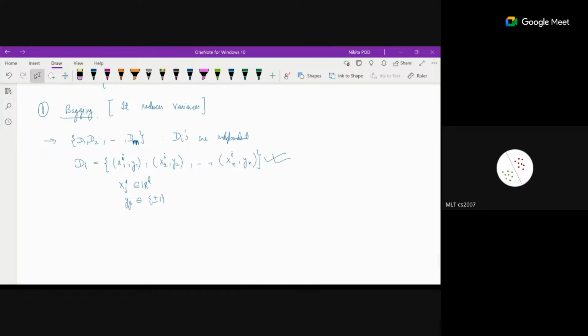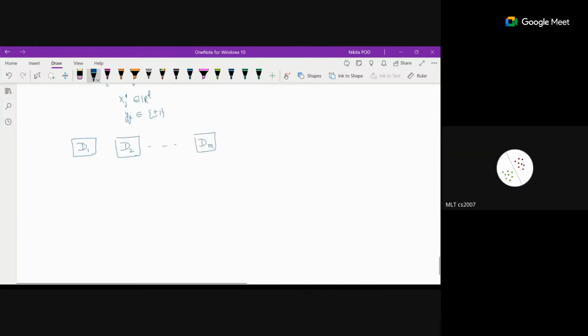Since you have m different data sets now, you have D1, D2, till DM, m independent data sets. Let's take one example of a classification model, say a decision tree.